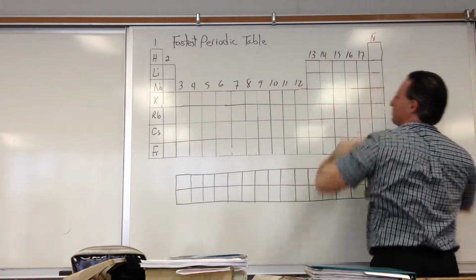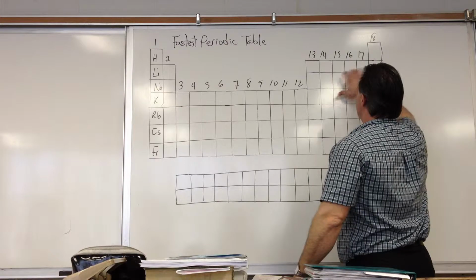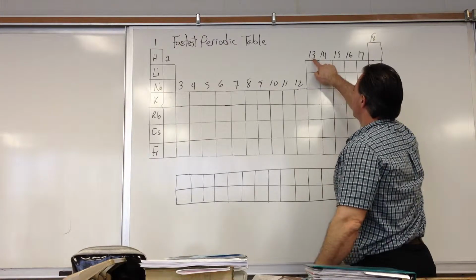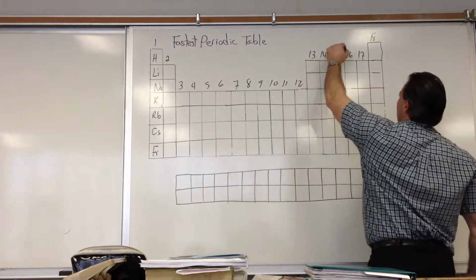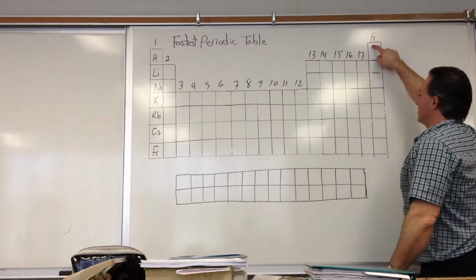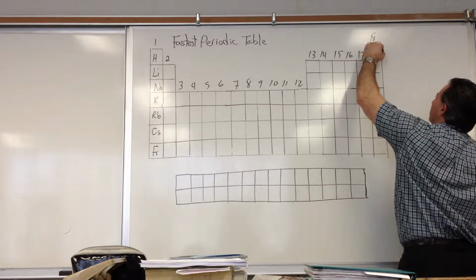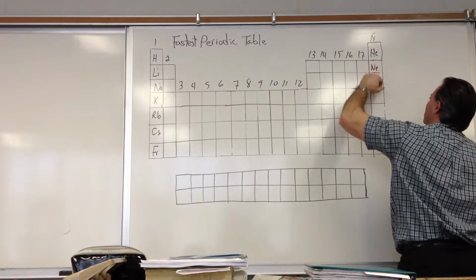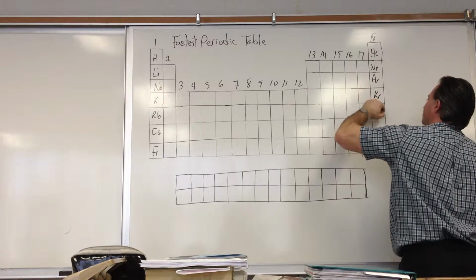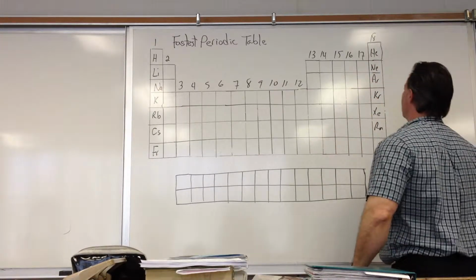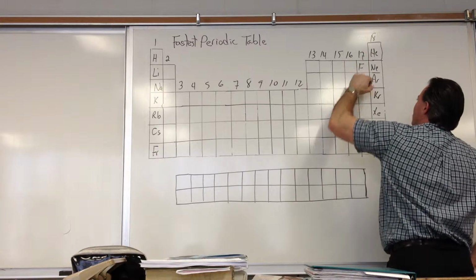In the case of the non-metals, which are on this side of the periodic table, the second number in the group number tells you how many valence electrons it has. So these elements, called noble gases, have 8 valence electrons. The halogens have 7.